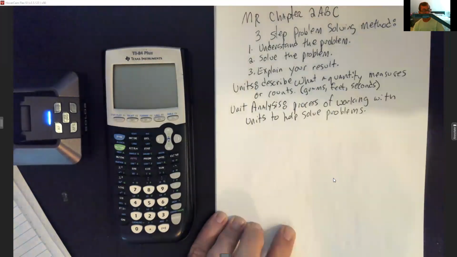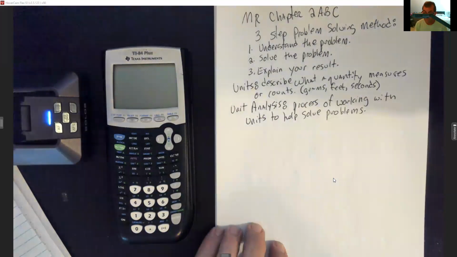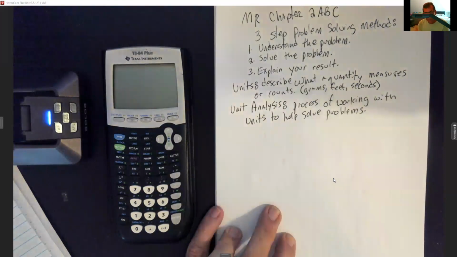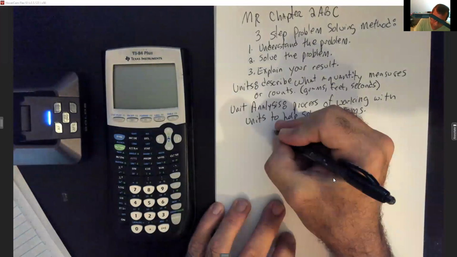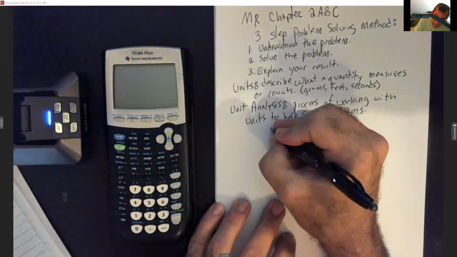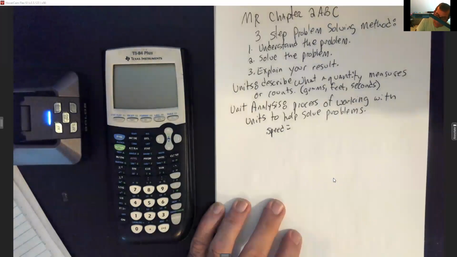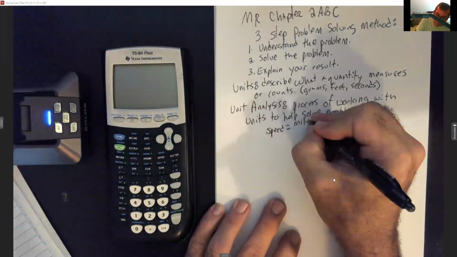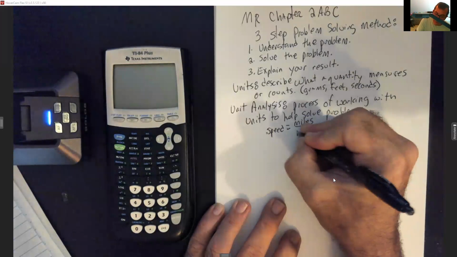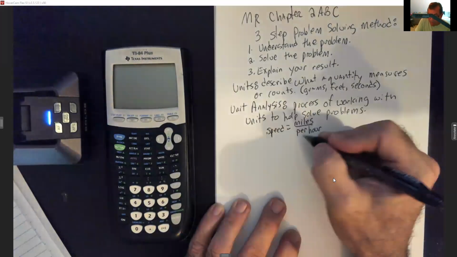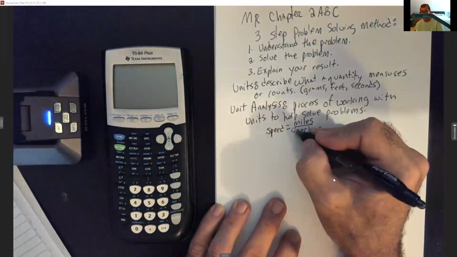So what I mean is, we know that when you're driving, you got a speedometer, right? And that speedometer tells you how fast you're going. Now your speed, when you're riding a car, we use what? Miles per hour.